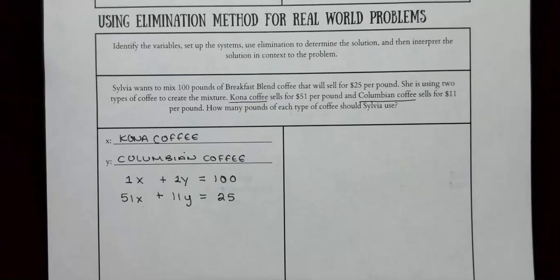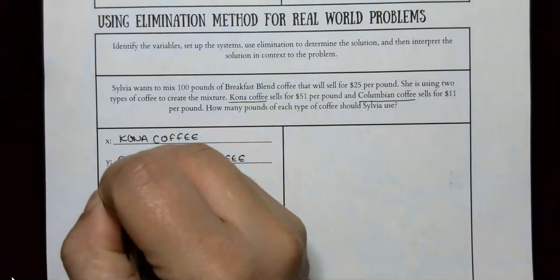That's the good thing about elimination, is you have choice. Now, I'm going to choose to do the 11. We're going to eliminate the y's because it's a smaller number, and sometimes when we use bigger numbers, it can get out of hand. So let's multiply the first equation by negative 11.